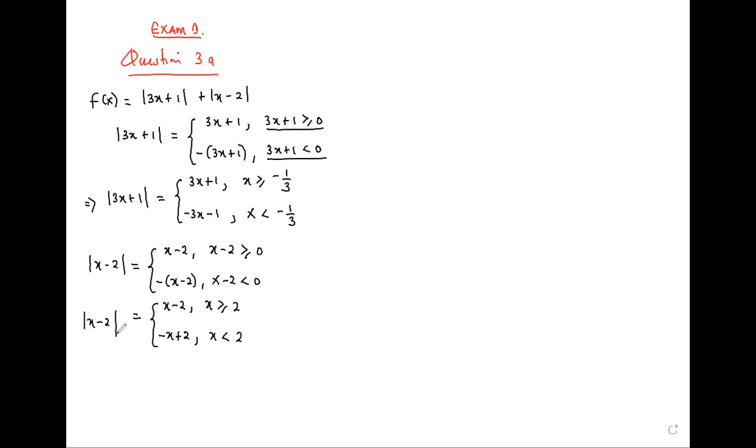Now you form a table using these two numbers, negative 1 over 3 and positive 2. There is an interval where negative 1 over 3 is less than or equal to x, and x is less than 2.